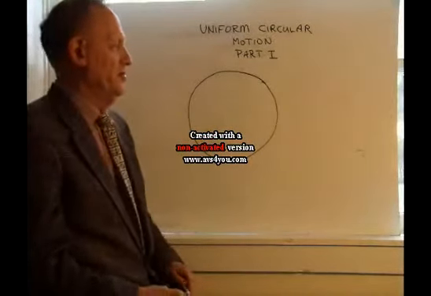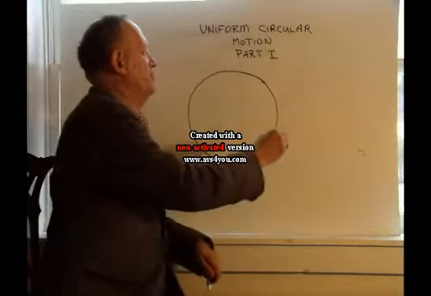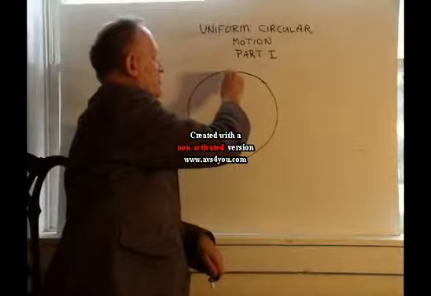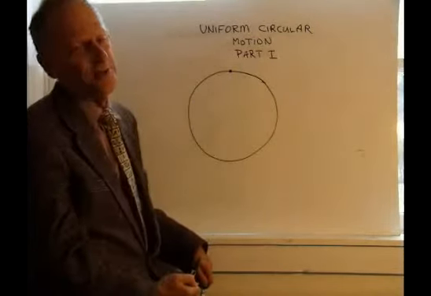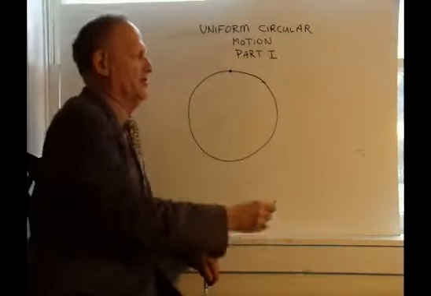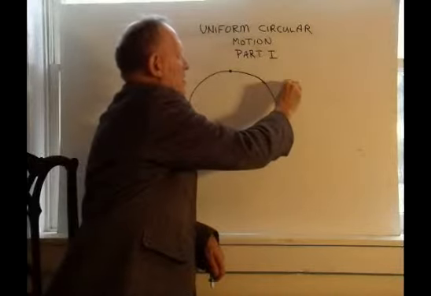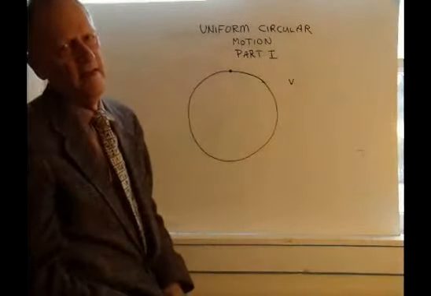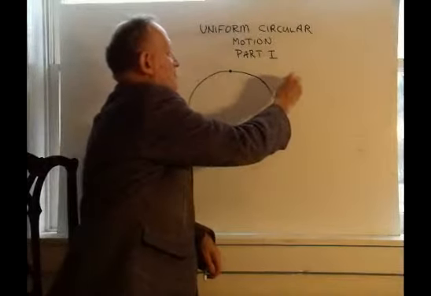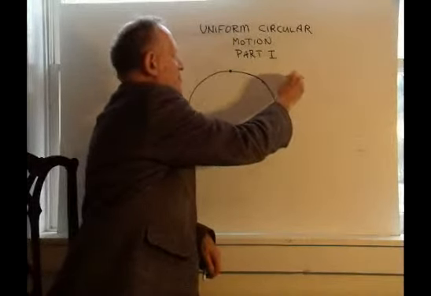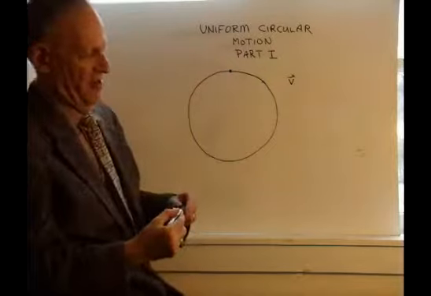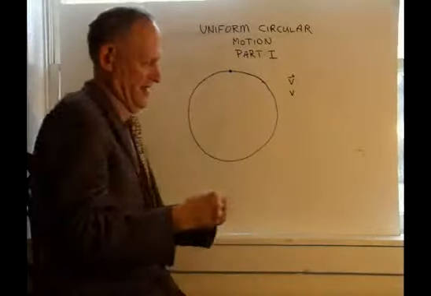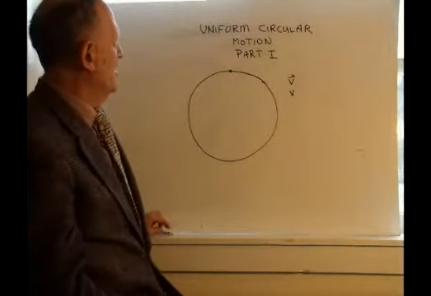What we're going to do is refer to the speed at which this body moves. There's the body, moving circularly around the circle. We're going to call the speed at which it moves v. And when we speak of the speed and the direction, we're going to put a little arrow on the top. So we have these two different ways of noting it.